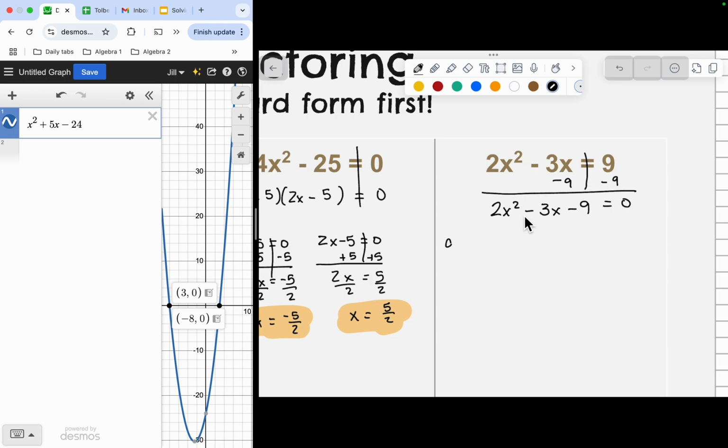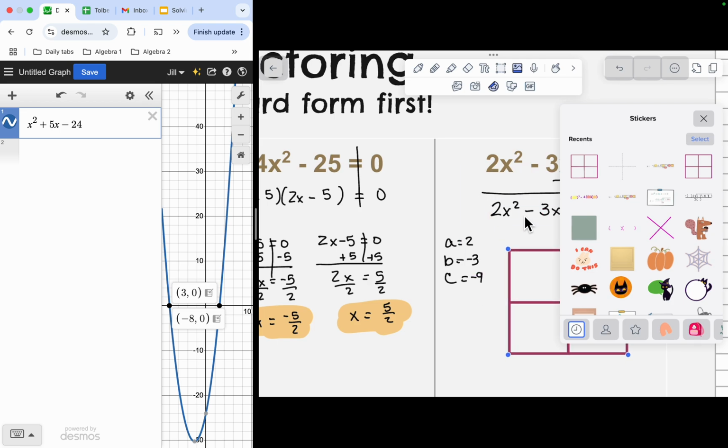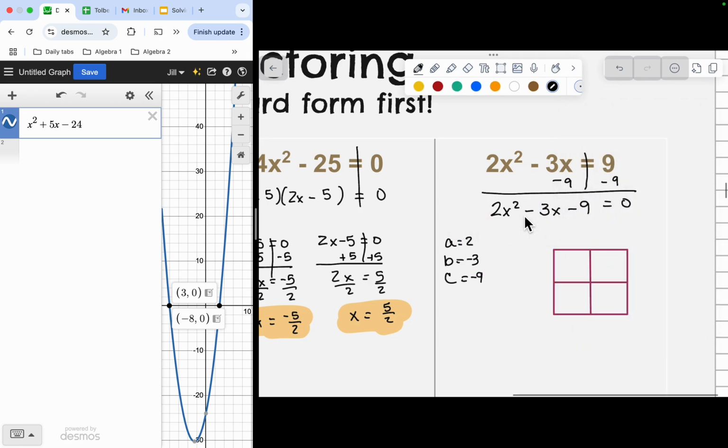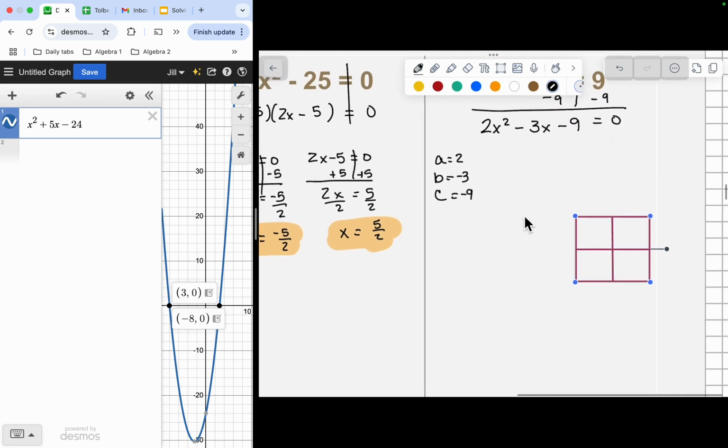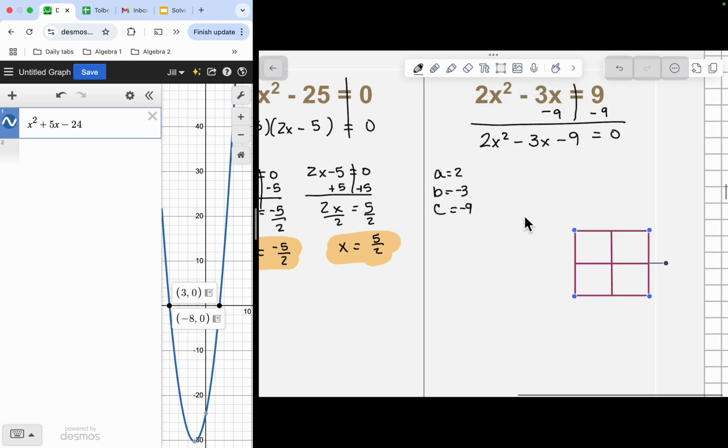Now I'm going to have A is 2, B is negative 3, and C is negative 9. And so I'm looking for two numbers that multiply to give me negative 18, A times C, and add together to give me negative 3. If you go through your factors of 18, it's 1 and 18, 2 and 9, 3 and 6.